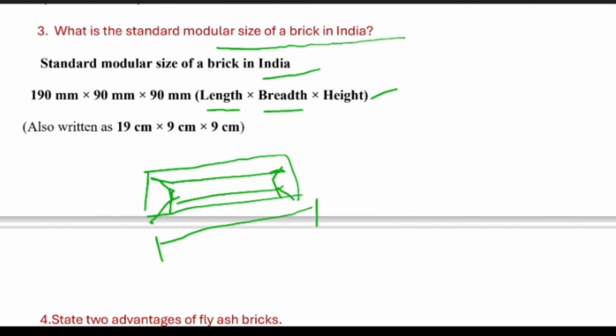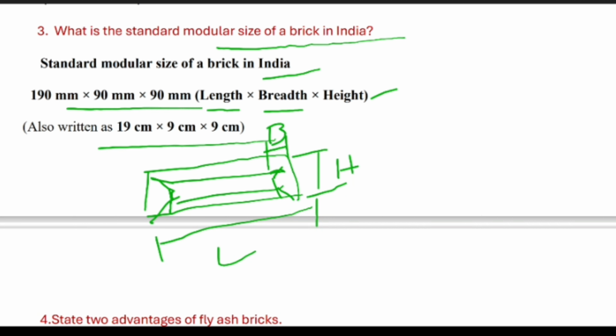This is the length, this is the breadth, and this is the height. The size is 190 by 90 by 90 millimeters. If written in centimeters, 19 centimeters by 9 centimeters by 9 centimeters.